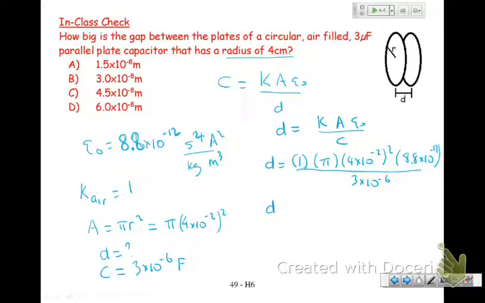Because I hate losing points for a slip like that. So then I'm getting 1.5 times 10 to the minus 8 meters. Yep, so there's my answer.